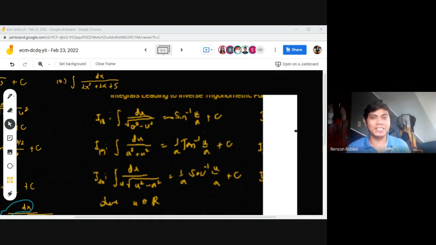But item number 17 does not include any square root. Same with I-20, there is a square root on the denominator. Pero yung ating given sa 17, wala namang square root. Ang last pattern natin is yung I-19. Yung I-19, there is no square root on the denominator. Our given does not have any square root on the denominator.